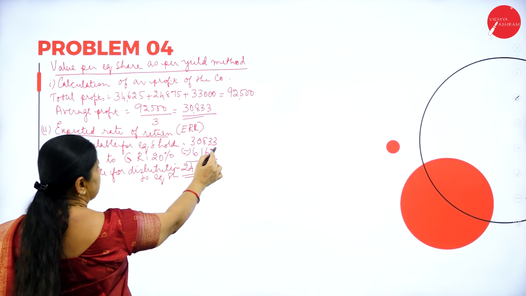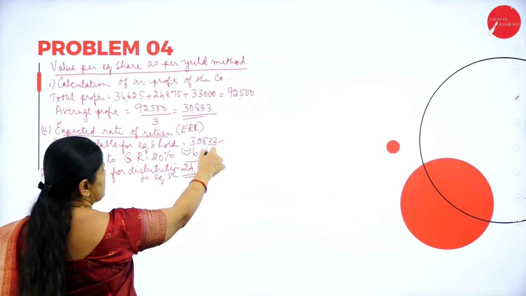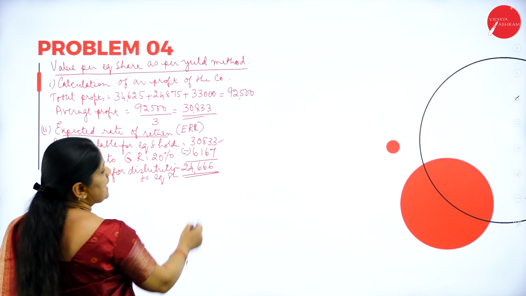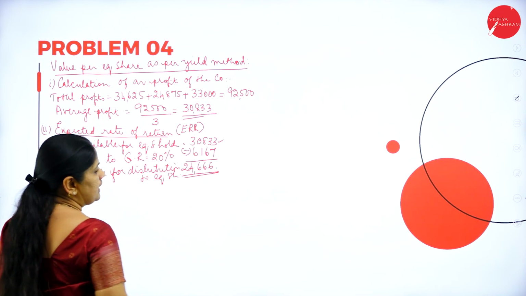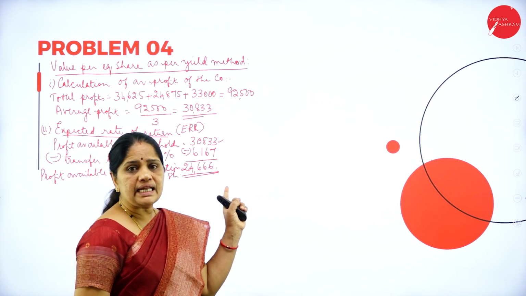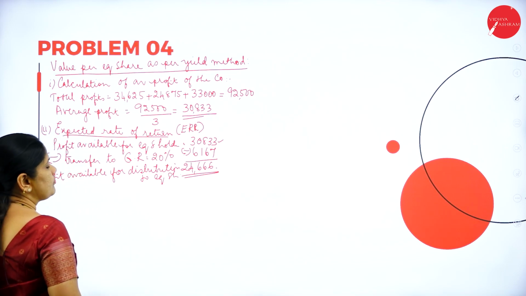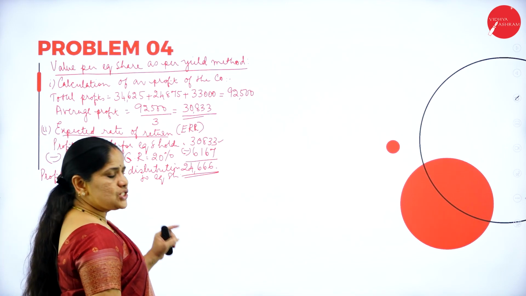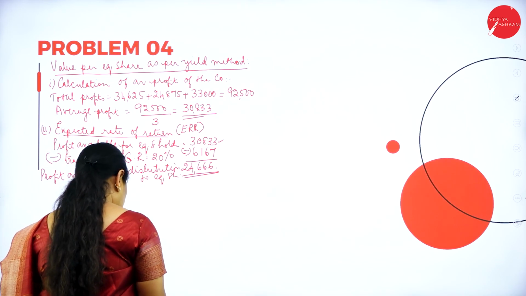So the profit available is 30,833. Transfer to general reserve, so 20% of this is 6,167. So I deduct it, I get profit available for equity shareholders as 24,666. So this is the profit available for distribution to equity shareholders. Now the next step is calculating the ERR.